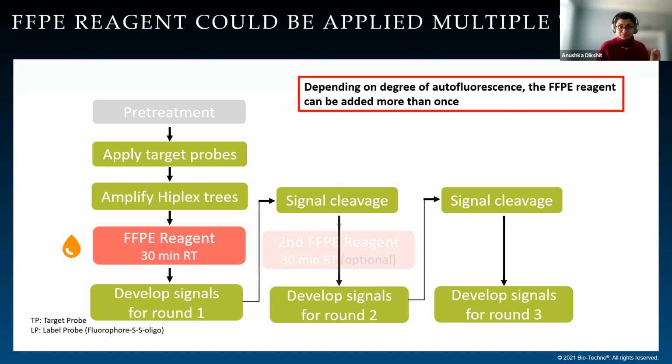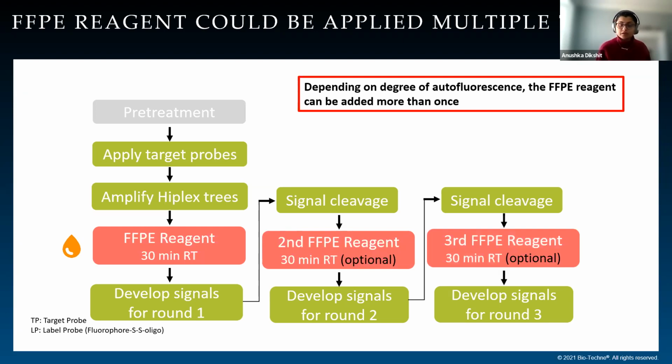So you can add it a second time, again, between your first and second rounds, or rather right before you develop your second round of probes, and add it even a third time before developing your third round of probes. This way you can ensure for samples that have very high autofluorescence, you're not seeing any non-specific background, or your true signal is not getting masked by autofluorescence.